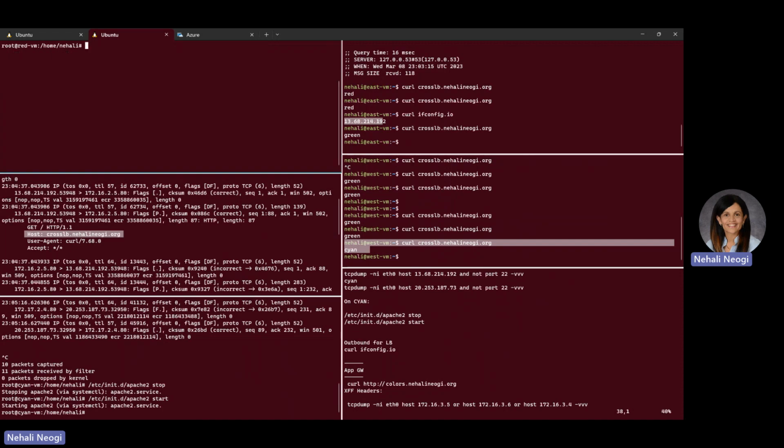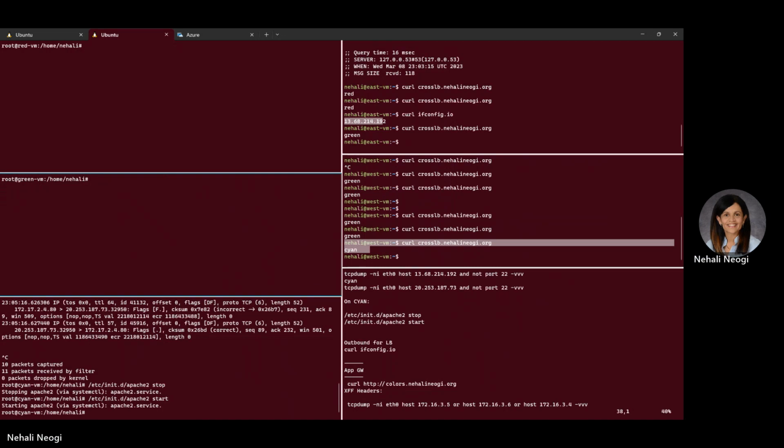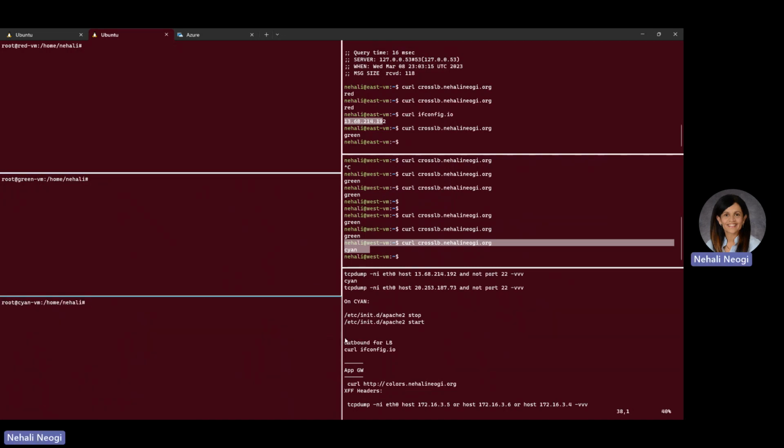Now let's do a test for outbound. So if you remember, let's clear the screen here. If you remember, the outbound for the downstream VM, so in this case, the red VM, if I do a curl, and on the green VM, I do the curl, I get the same IP.